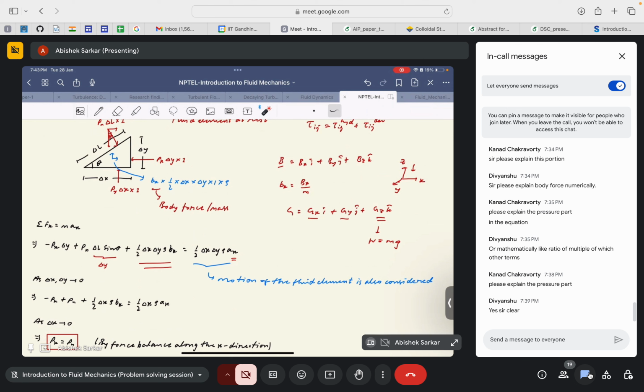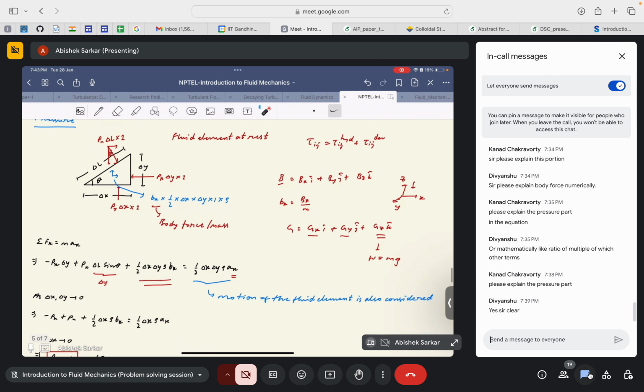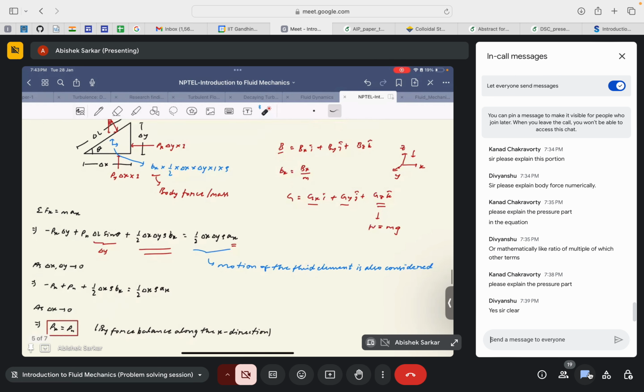The effects of pressure would still be relevant when the fluid is in motion, but this case becomes the generalized or fundamental case when the fluid is at rest. So let us just go through it.